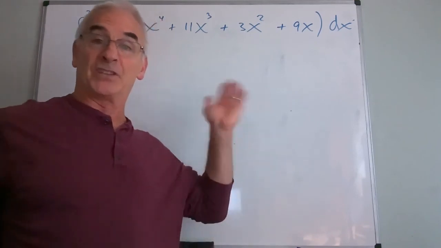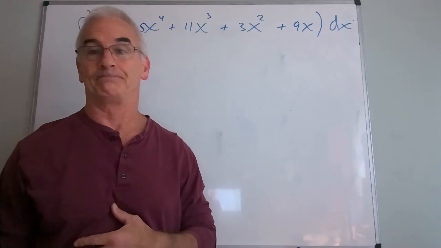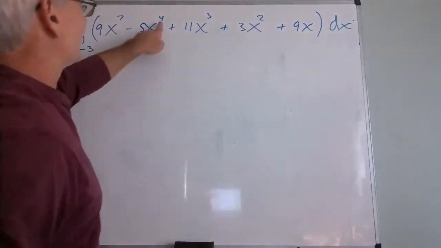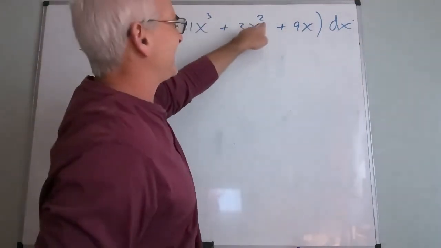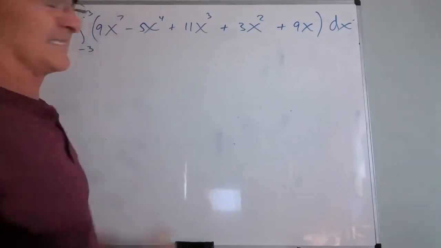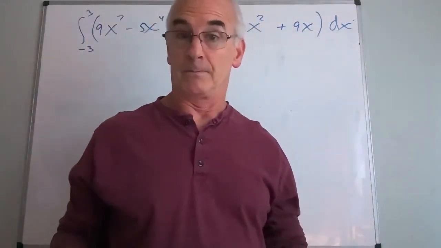Is this odd? Anybody, is this odd? I feel like it is with this x to the 7th. Yeah, but those guys, is it even? An odd function and an even function are special.